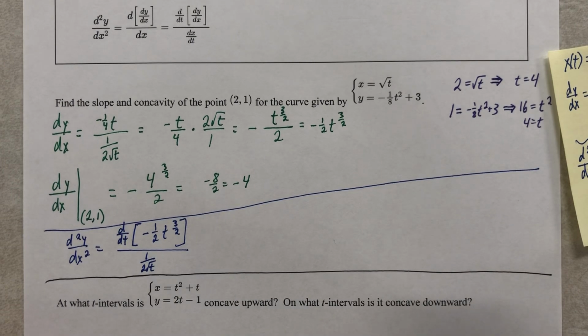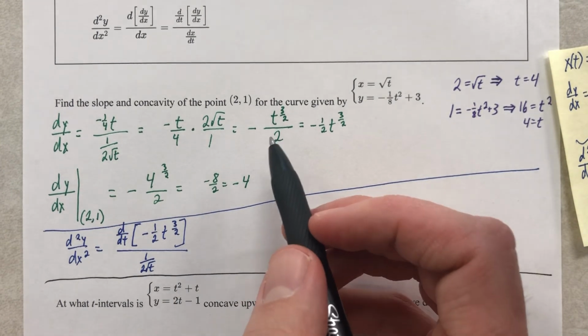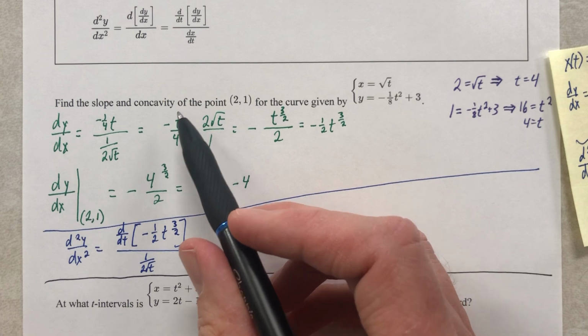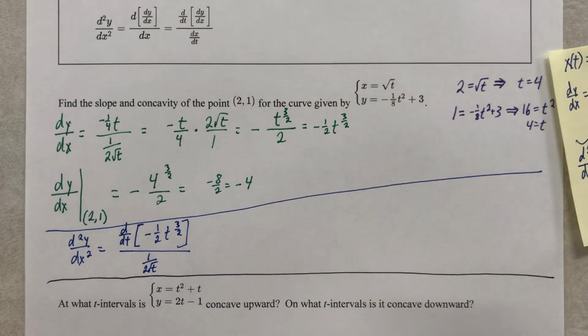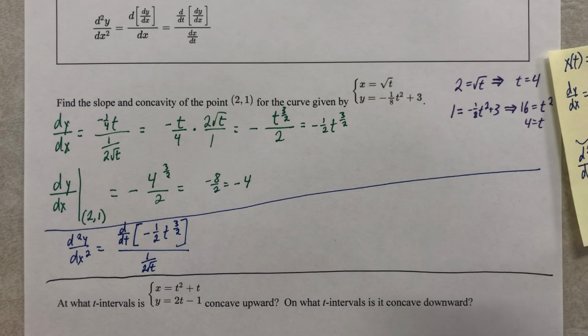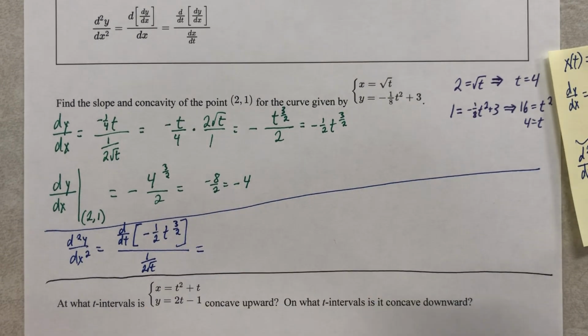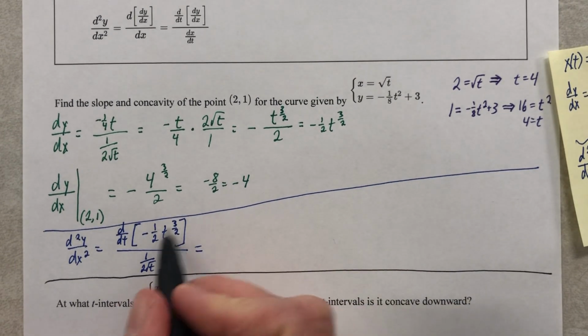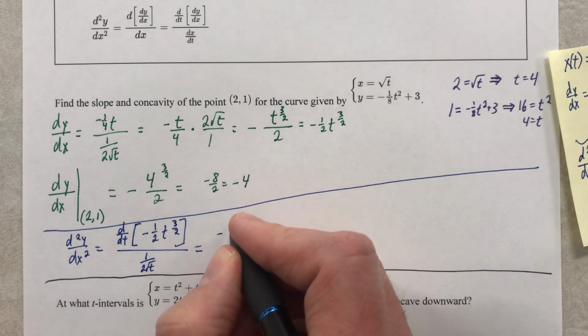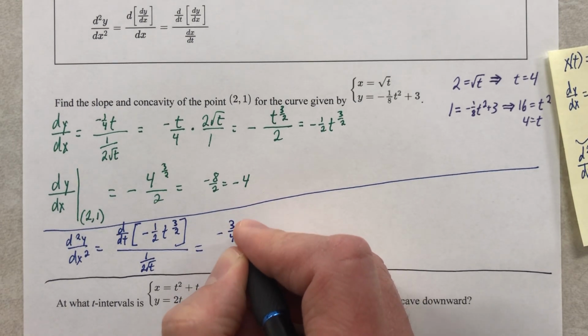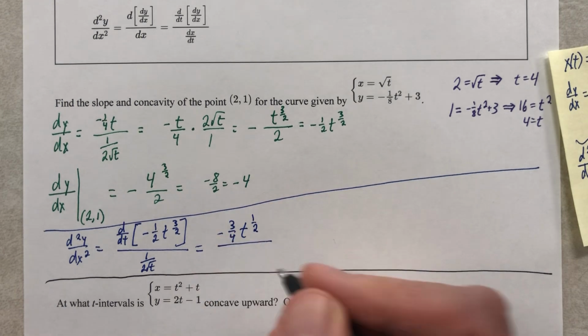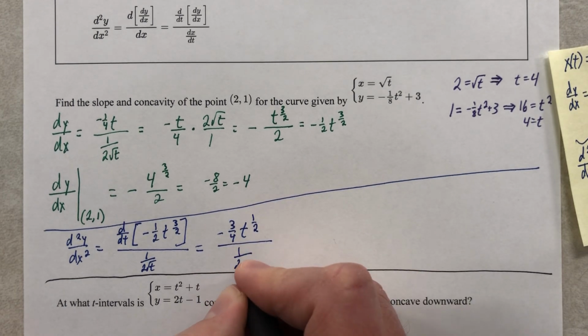Now, I do want to determine the concavity, which means I need to decide if the concavity is up or down by plugging in the appropriate t value, but we'll get there in a minute. So I need the derivative of this, which gives me -3/4 t to the 1/2, all divided by 1/2 square root of t.